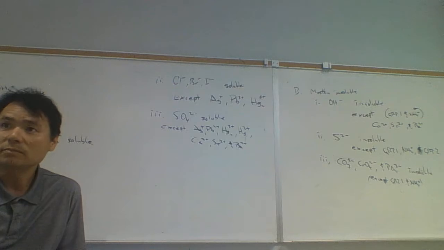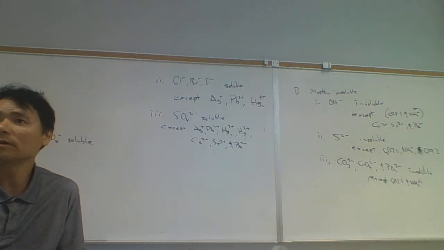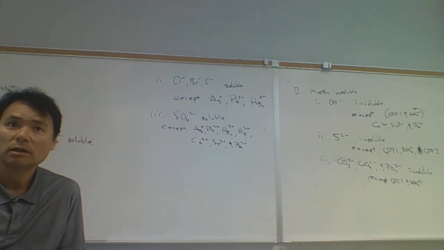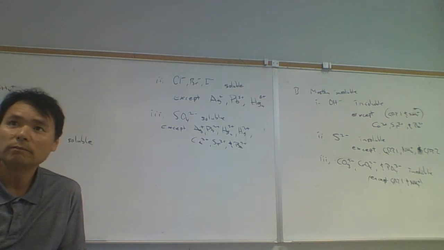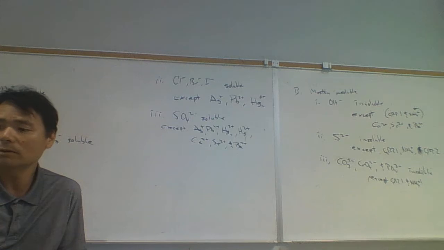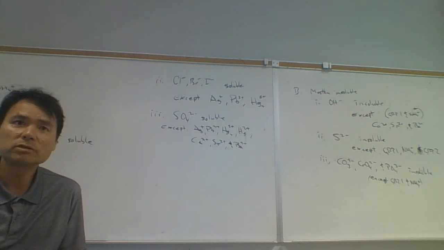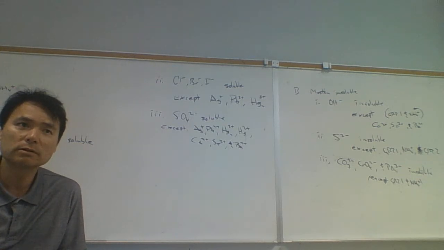Oxides are missing on this list. There are other things that are missing off this list. Maybe you could guess whether it should be more soluble or less soluble depending on where it fits in the pattern. And so do you see any pattern in the solubility rules?